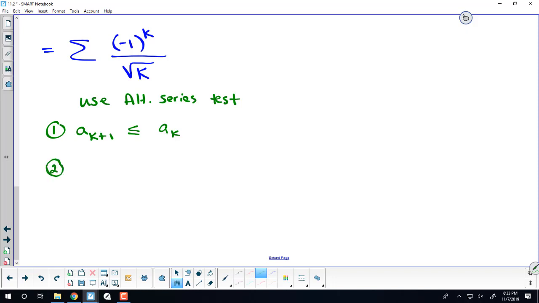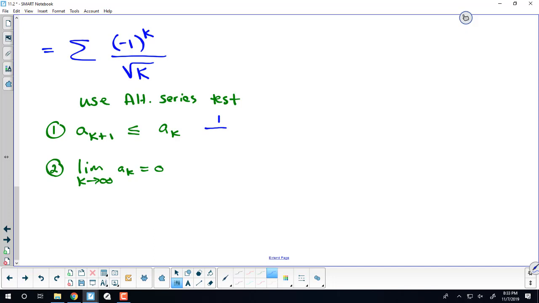And 2, what was the other condition? The limit at infinity has to be 0. For the alternating series, what are we testing? What is our a sub k? Alternating part is thrown out, so we're just testing 1 over root k in the alternating series.